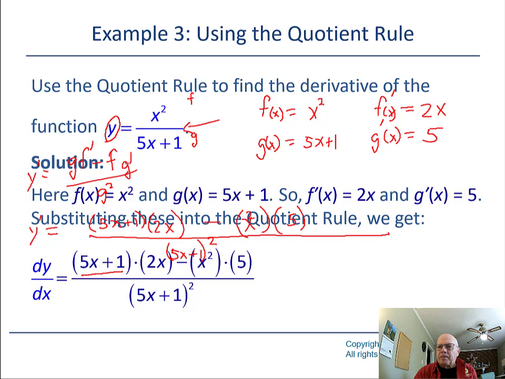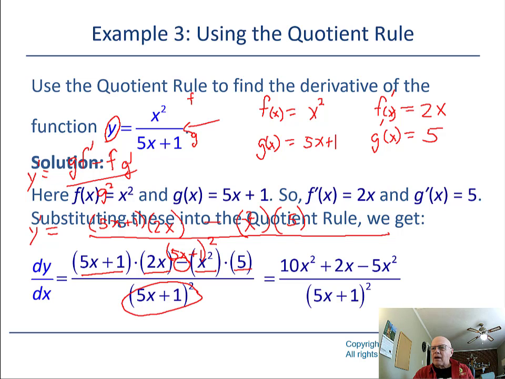There's g, f prime, minus, because I'm using the quotient rule, f and g prime, and there's the square of g. We're ready to go. Multiply those out, a little bit of simplification, and we've got it. We have got the derivative of y with respect to x using the quotient rule.